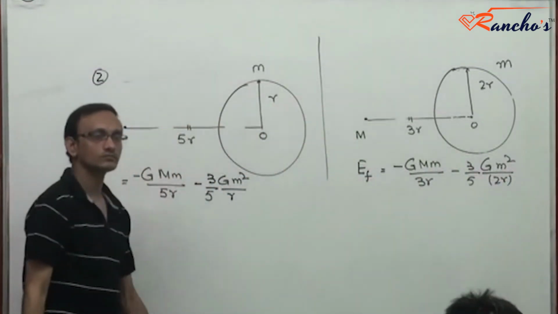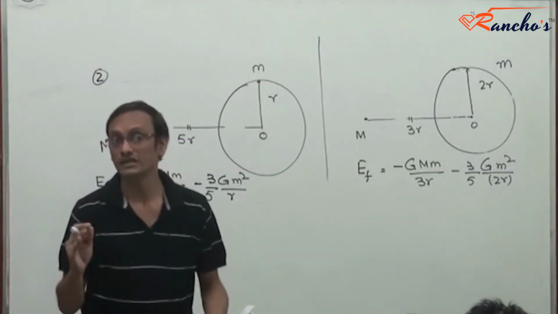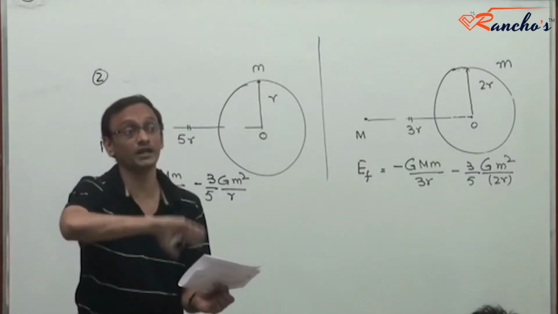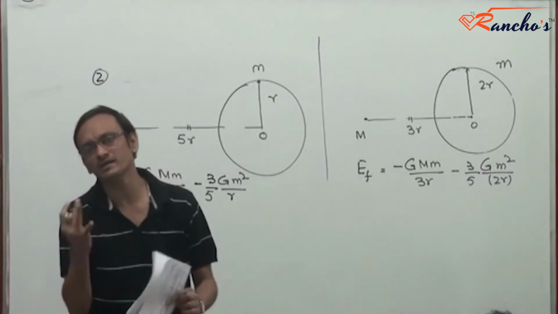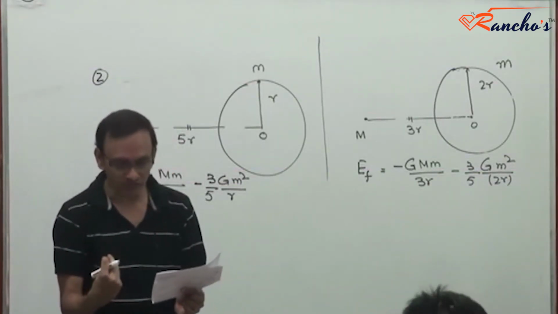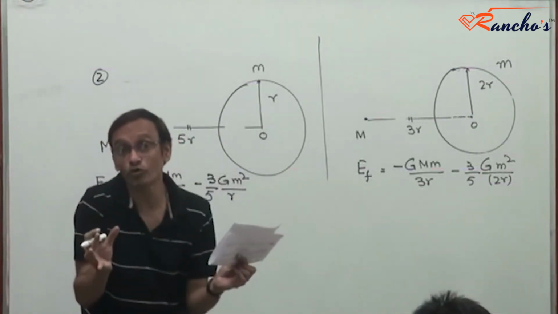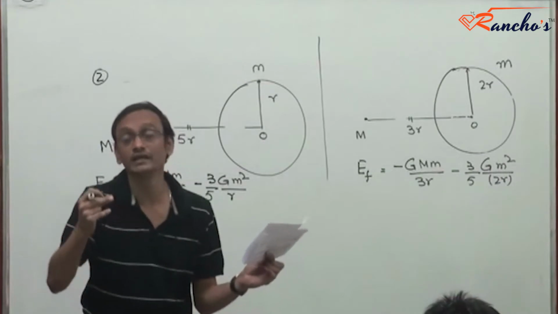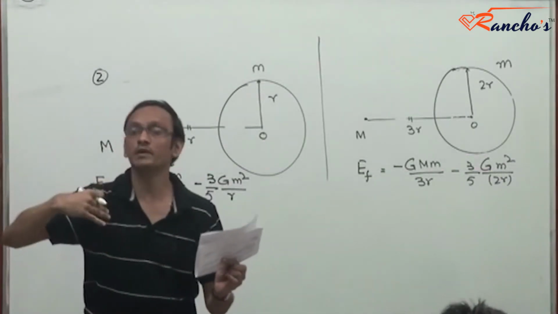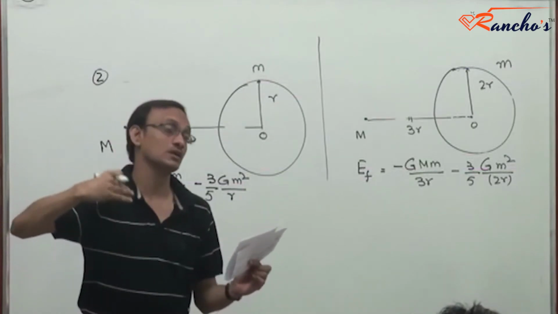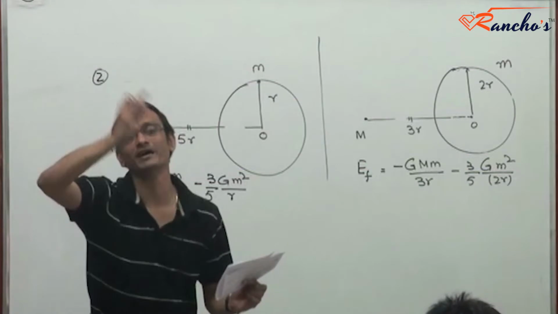The work done is going to be the change of potential energy, final potential energy minus initial potential energy. I'm talking of the work done by an external agent, say. But if I talk of the work done by the forces, gravitational forces, the forces of the field, then that's going to be Ei minus Ef. If you look upon it as work done by an external agent, that's going to be change of potential energy, final minus initial.